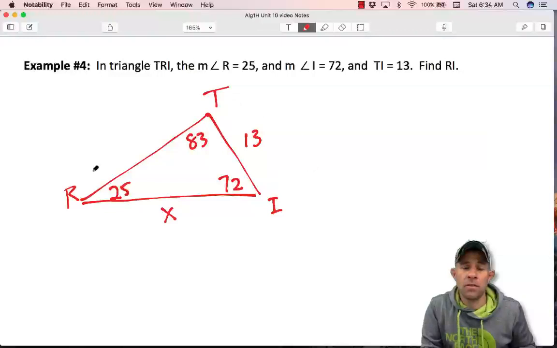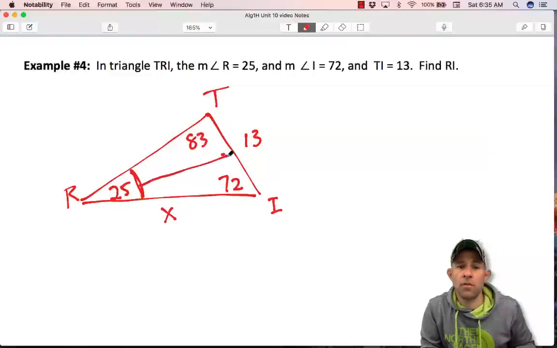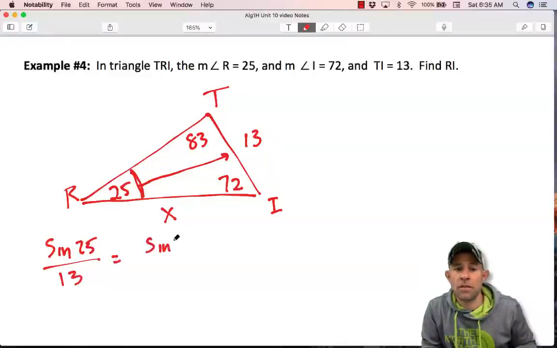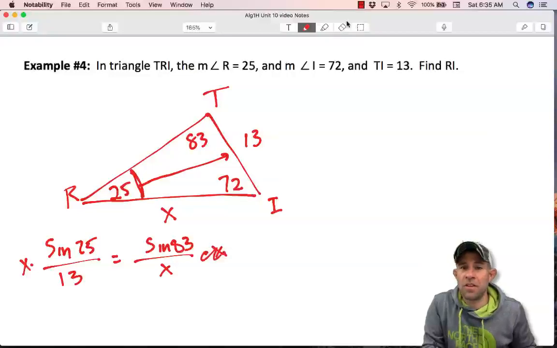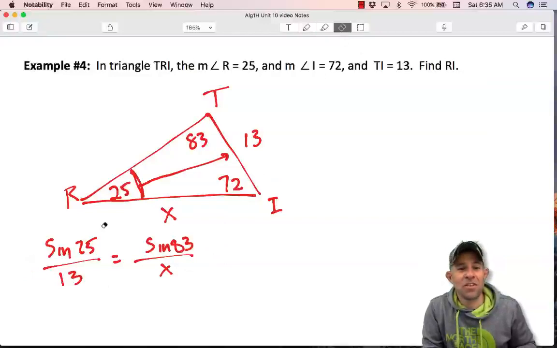So again, here we have a situation where we can use our law of sines. We'll set up the sine of angle 25 over the side across from it is proportional to the sine of 83 over the side across from it. What we're going to do is cross multiply.